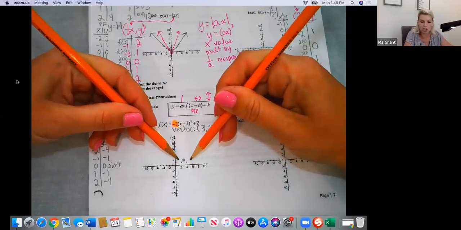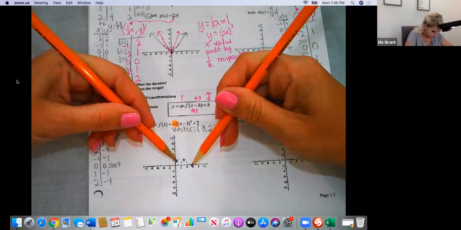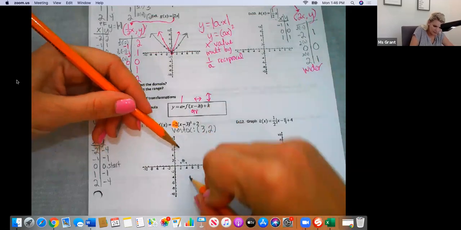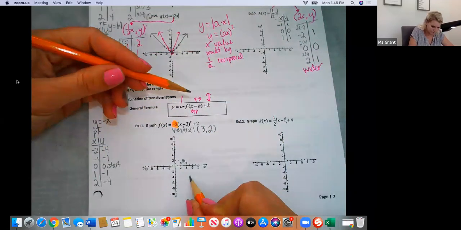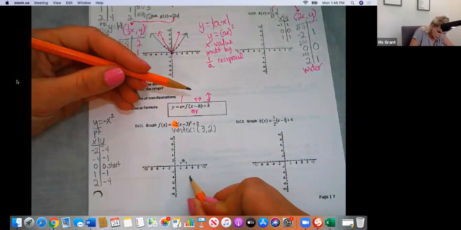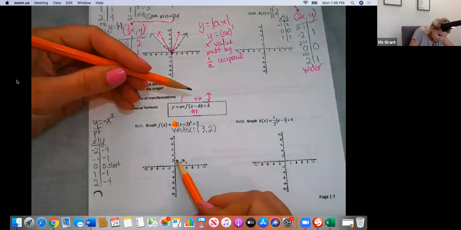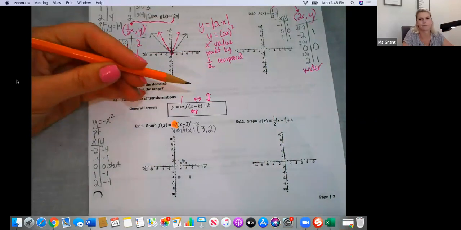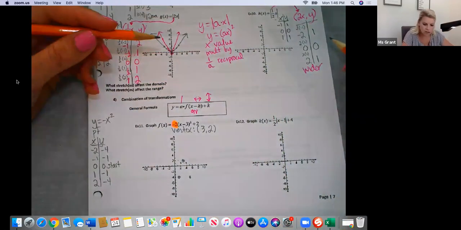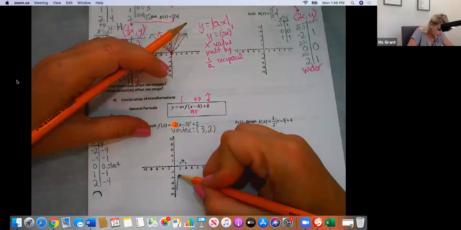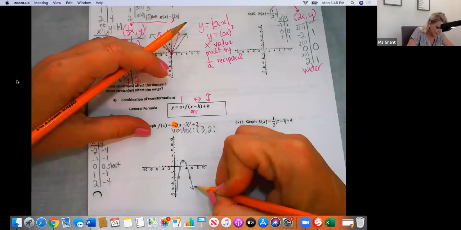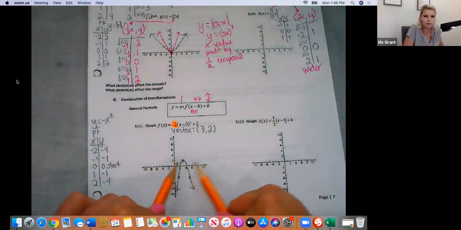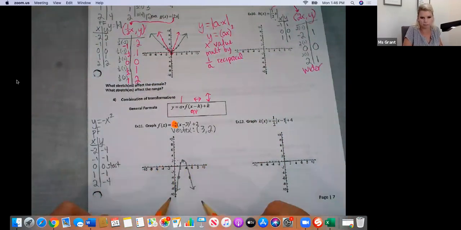Down 4. This dot that my pencil's on is 5, -4. This dot that my pencil's on is now here 1, -4. That's the parent function of a downward facing parabola. So remember, I'm going from my vertex is how I'm doing my movements. Over, down, over, down.